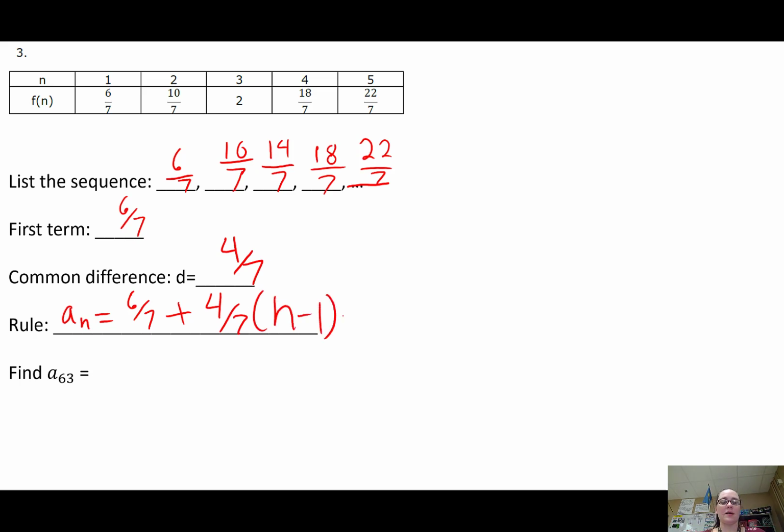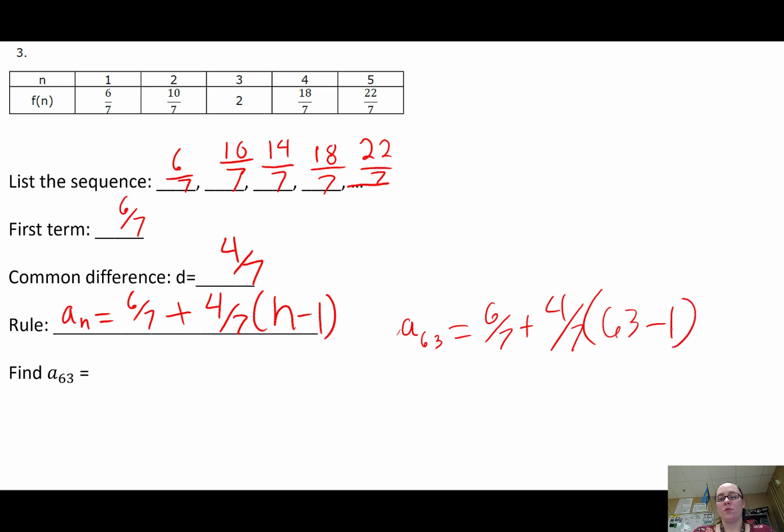And from here, guys, again, it is literally that easy. Plug in. So if they want me to find the 63rd term, I'm going to plug in 63 for n. So we get a sub 63 is equal to 6/7 plus 4/7 times 63 minus 1.